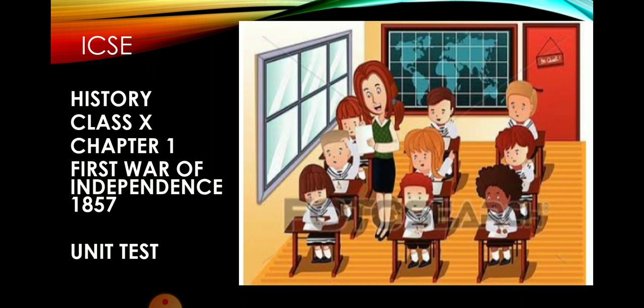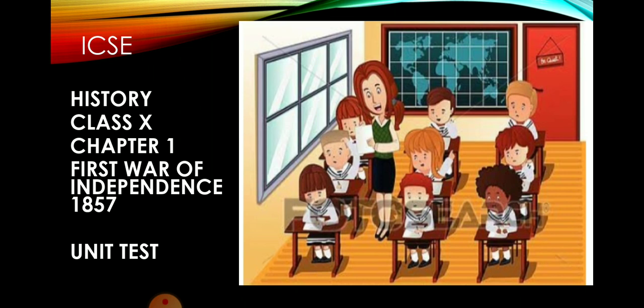In the question paper of class 9th board examination, you might have noticed that there are two types of questions. In history and civics, there are two types of questions, short questions as well as structured questions.